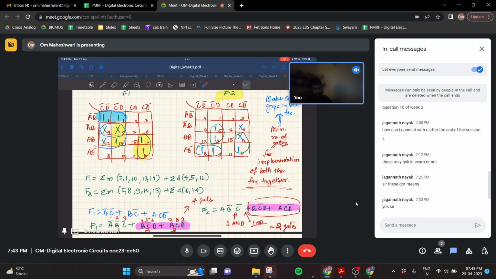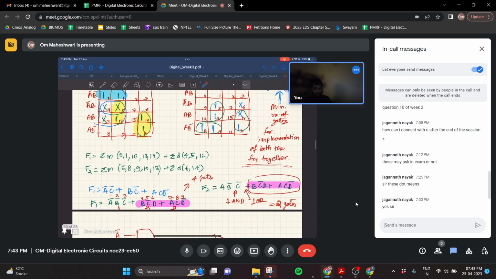We have written f1, b c bar d. This is b c bar d. This is also b c bar d. So b c bar d is common in both f1 and f2, and there is a c d bar. Sorry, a c d bar is this, which is also common in f1 and f2. So in the expressions of f1 and f2, now we have two terms that are common, right?